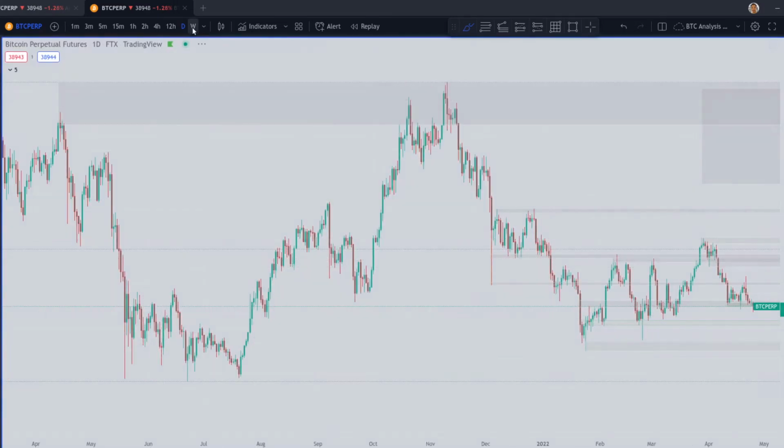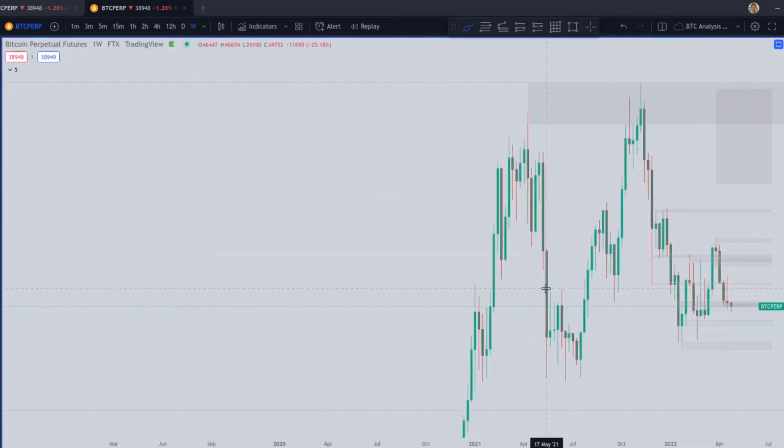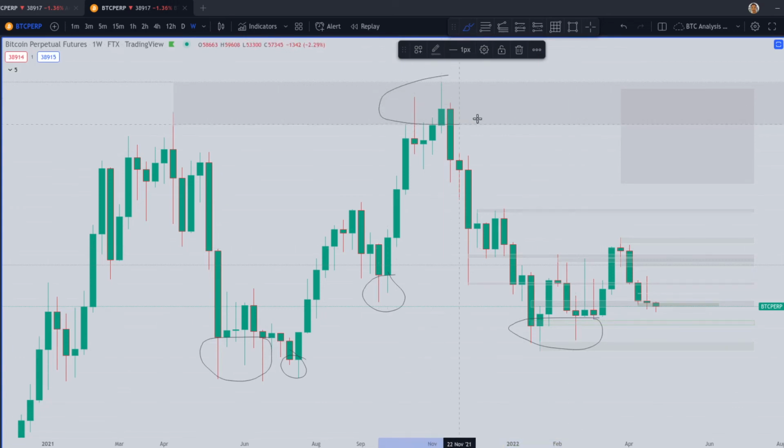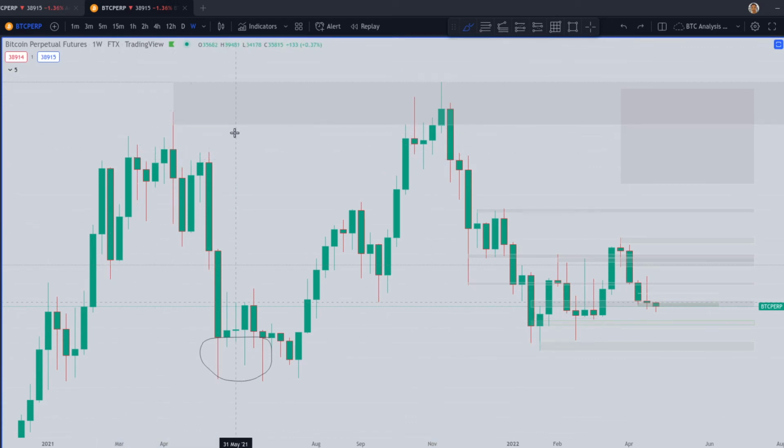But when you zoom out to the weekly chart, you can see clearly that price always leaves a very long wick down here, double bottom wicks here, triple wicks here. On the top, you also see two of these long wicks, right? So you have to be careful.